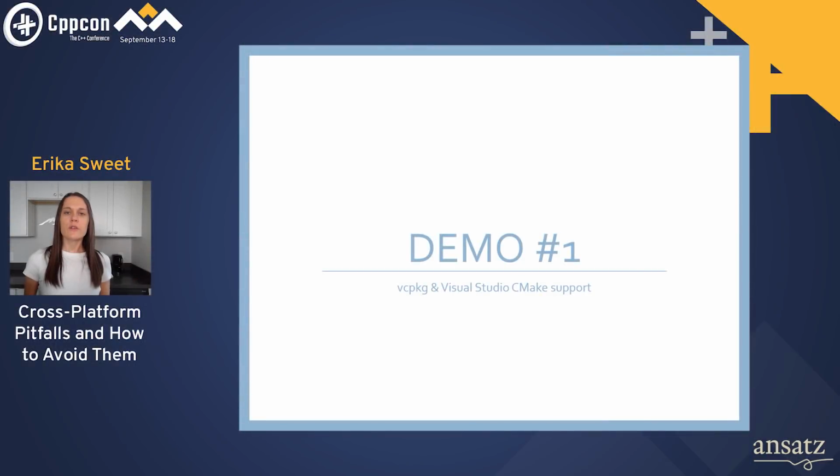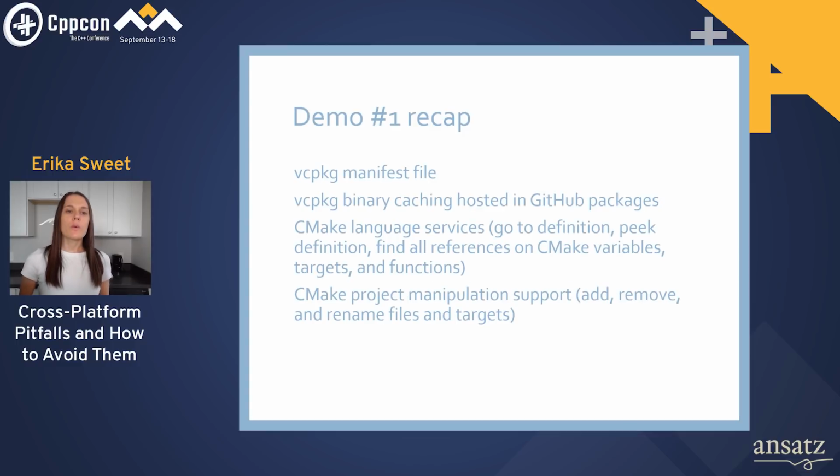All right, so we can quickly recap what we just covered in that demo. We showcased 2 new vcpkg features: a vcpkg manifest file where I declaratively specified my dependencies, and that file can be checked into source control and shared between my team, and vcpkg binary caching. I was using a binary cache that was hosted in GitHub Packages and downloading and installing those cached packages locally.